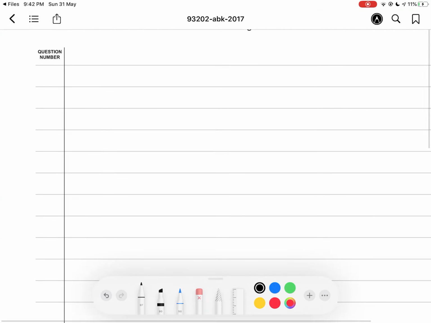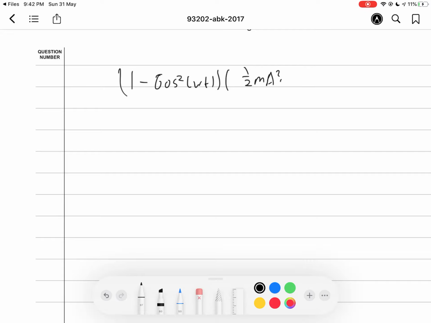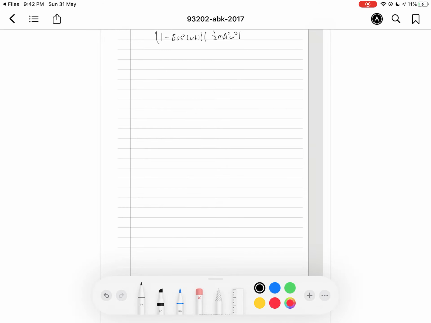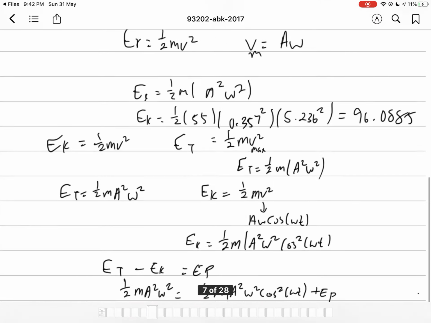And going on to the next page now. Now we can actually factorize. We can say 1 minus cos squared ωt multiplied by 1/2 m A squared ω squared. Let me check that.